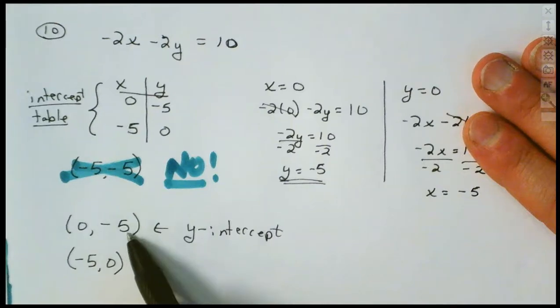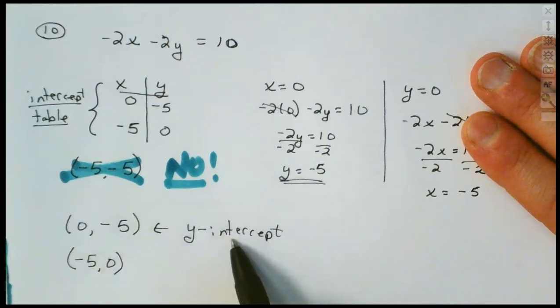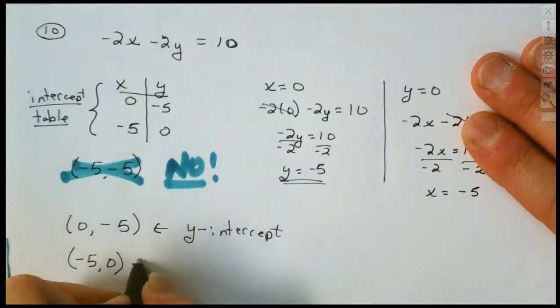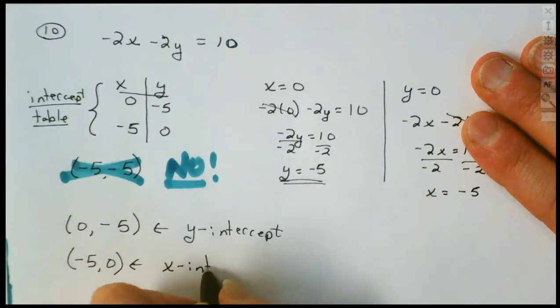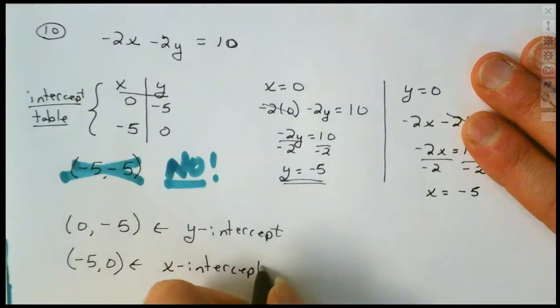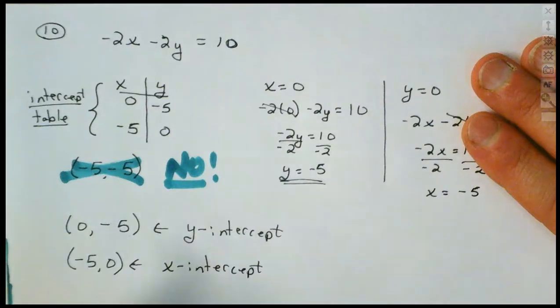It has a y value, so it's your y-intercept. The next one is the x-intercept. And how do I know that it's the x-intercept? Because I have an x value. Right? That's the way I remember. The y-intercept has a y value. The x-intercept has an x value.